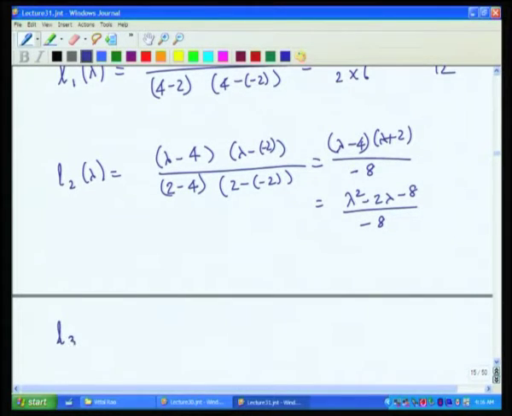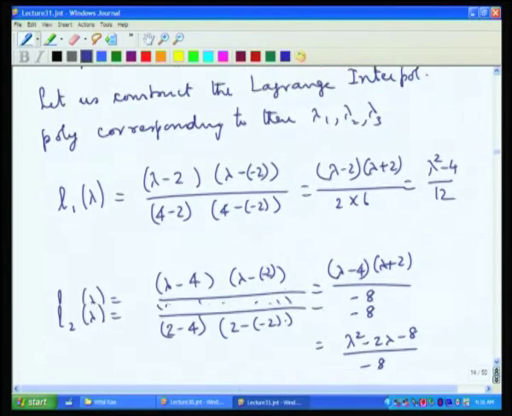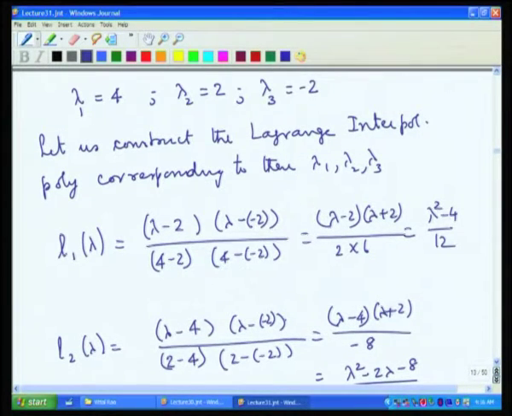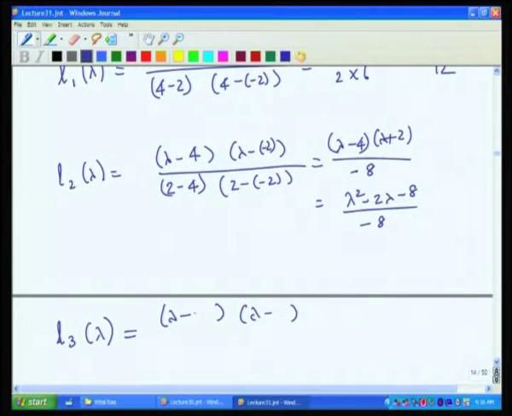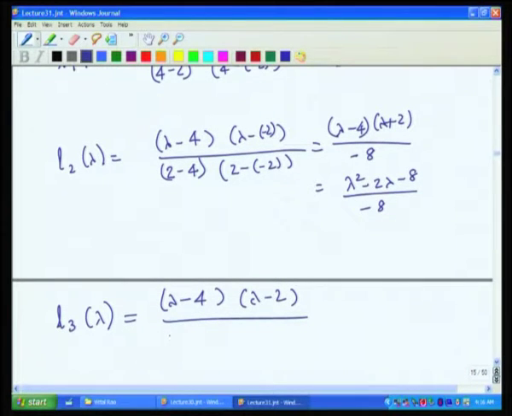The third Lagrange interpolation polynomial is again, you write lambda minus and skip the third eigenvalue. So you put the first two, 4 and 2, and then in the denominator replace lambda by the third eigenvalue, which is minus 2.